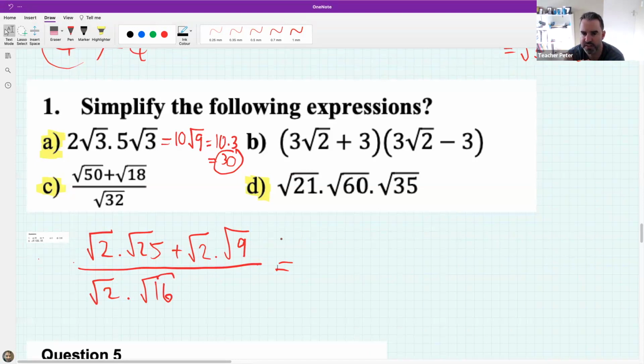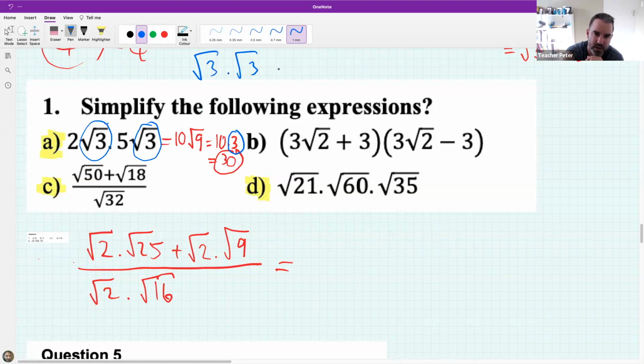So Narco, did you get that for A? Because maybe what happened was you should have got square root 3 times square root 3 is actually going to give you 3. It's one of these weird things where if you have the same number times itself, you end up with the answer like that. So have a look at that.